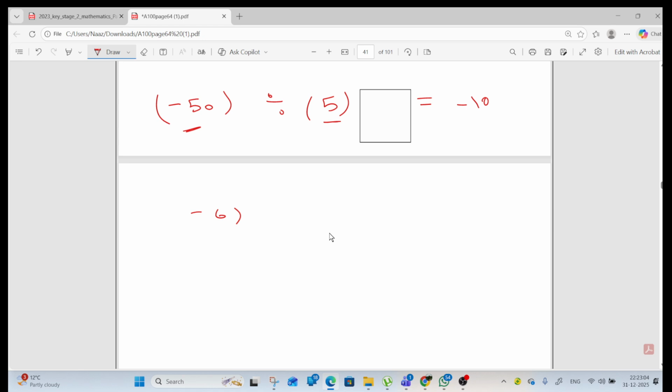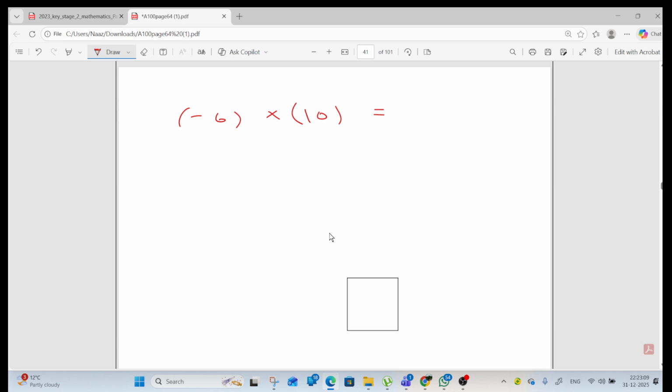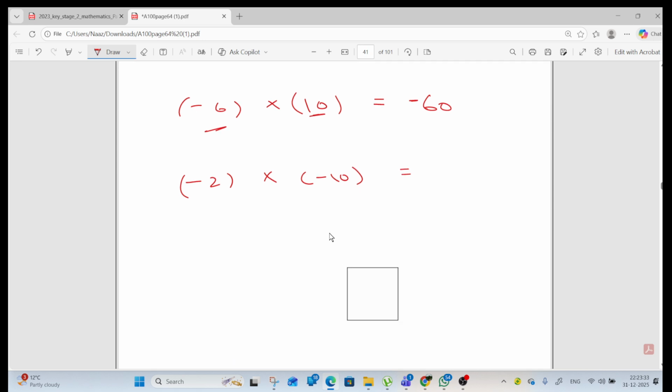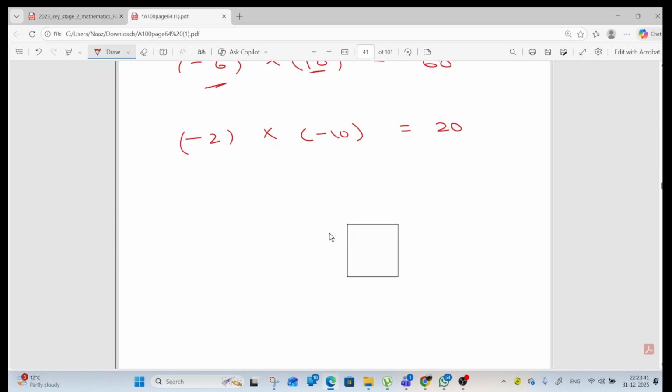Okay. Suppose negative 6 times positive 10. Can you tell me the answer? Negative 6 times 10. 60. Because one is negative, other is positive, it is going to be negative 60, because the signs are different, right? What about this? 20. Yes, because they both are negative, both have same sign, so positive 20.